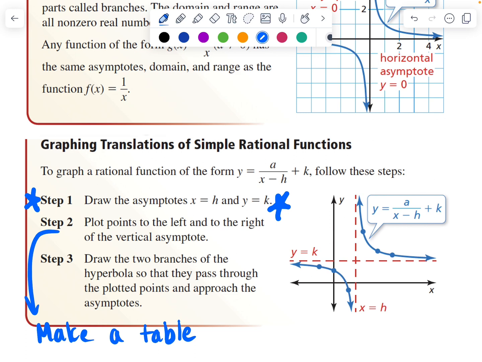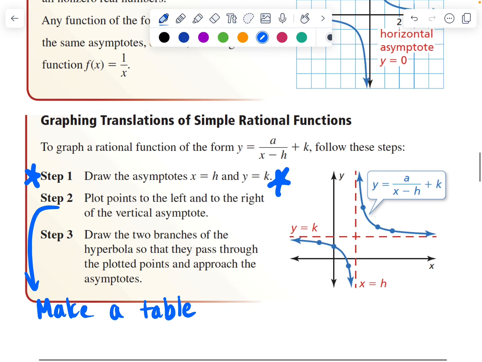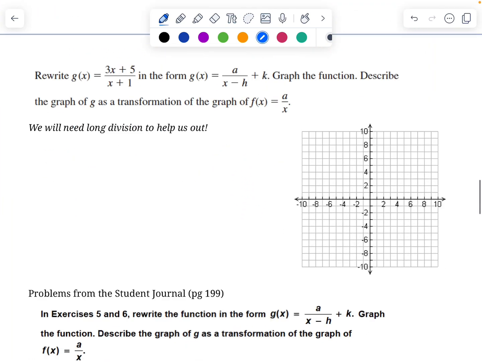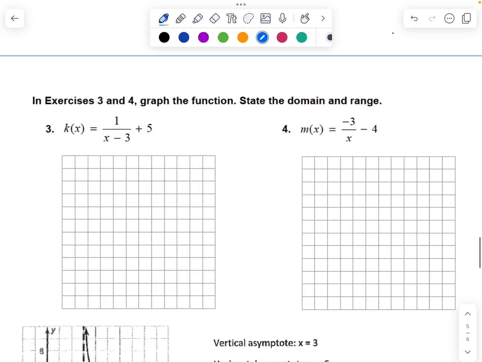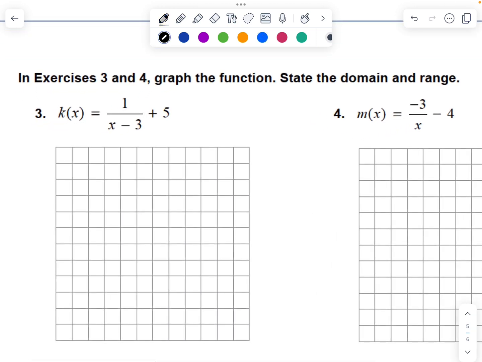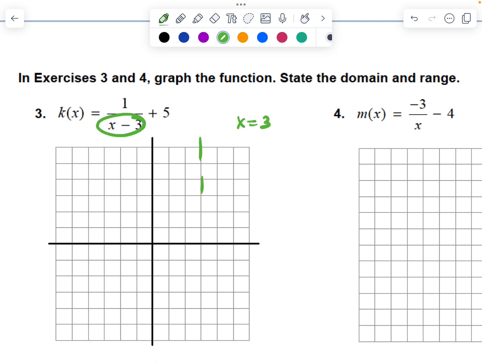I'm going to show you an example, and then there's maybe one other thing, but we may have to make a second video for that. So we'll see what we have time for. Quick example: if you go to graph a rational function, identify where your asymptotes are. So x equals 3 is the vertical asymptote, and positive 5 is going to be where my horizontal asymptote is.